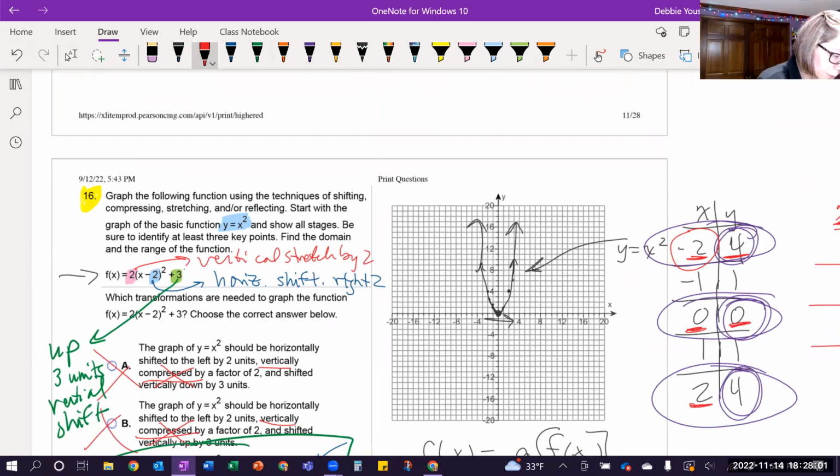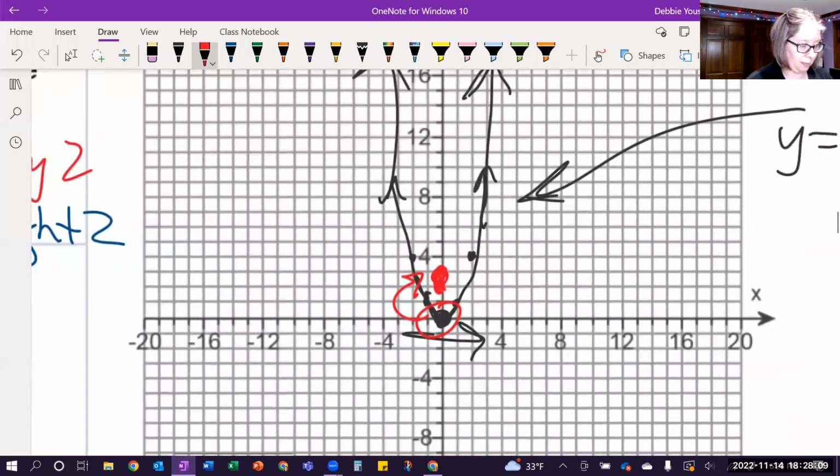Every point is going to move up 3, including this vertex. Let me zoom in on that. So that vertex is going to move up to 0, 3. Well, actually it's not, it's going to move to the right 2, so it's going to be at 2, 3. So it's going to move to the right and up, it's going to be at 2, 3.